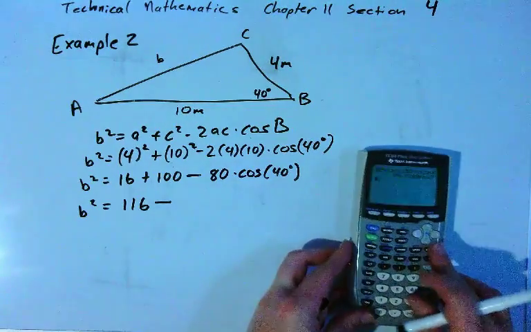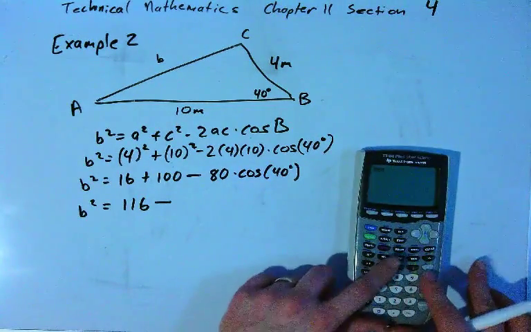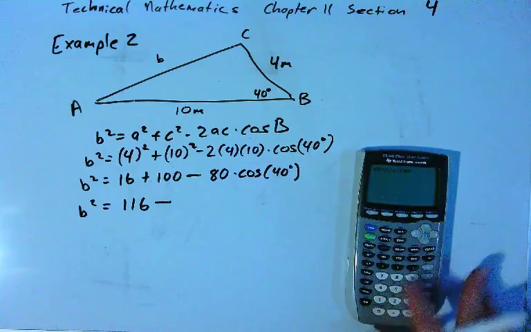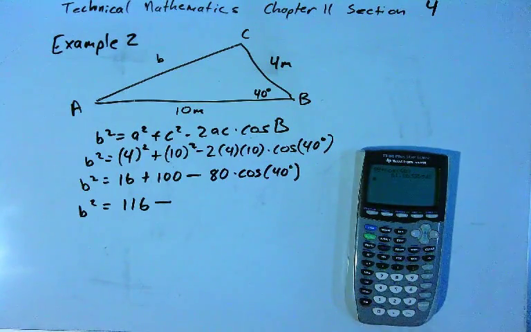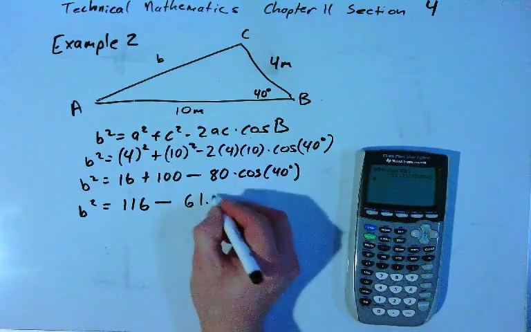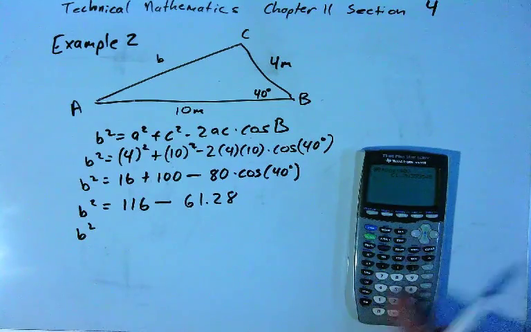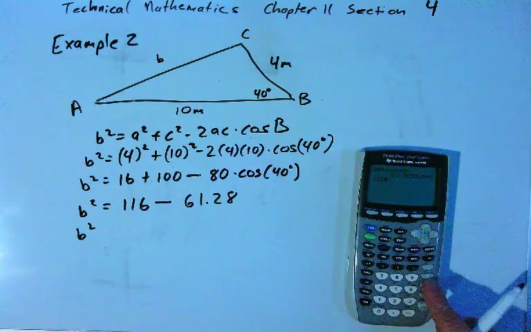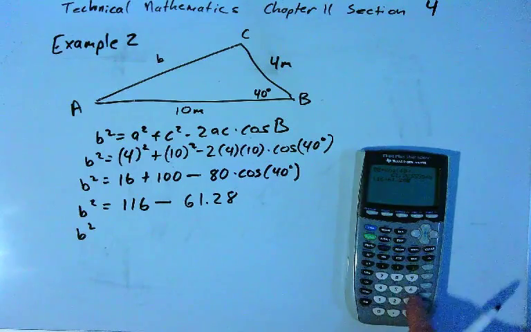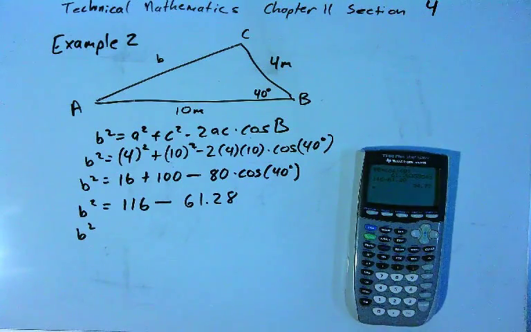I'll need my calculator for that. So 80 times the cosine of 40 degrees, close parentheses, we get 61.28. And so now we can subtract 116 minus 61.28, and we get 54.72.